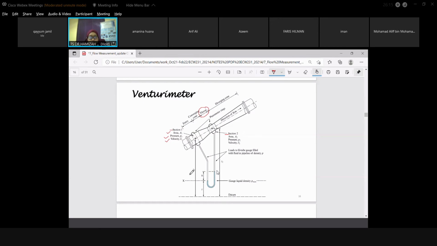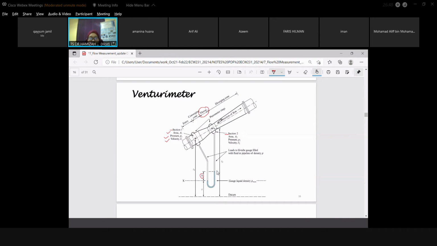Then we also measure the h. The h is referring to hydrostatic pressure. So if you can see here, when the size of the pipe is smaller, the pressure head is higher, it rises in the smaller pipe section. So there is a difference of pressure, which is h, for section 1 and section 2.